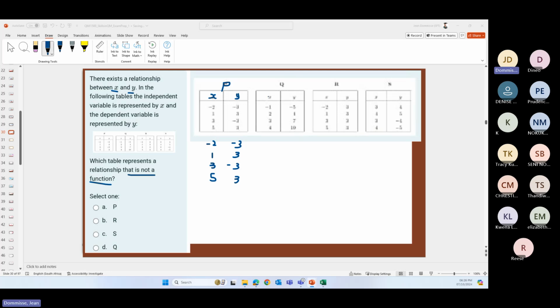What we see in this one, so I'm just going to rewrite it, was -1, -3, then it was 2, 1, 3, 7, 4, and 10. This one was -2, 3, 1, 3, 3, 3, 5, 3.